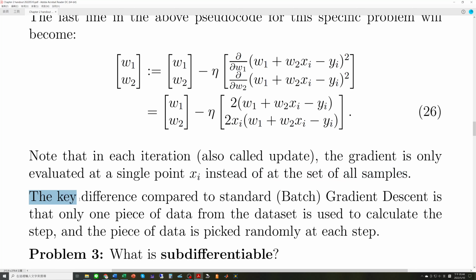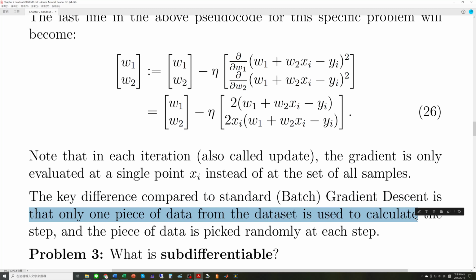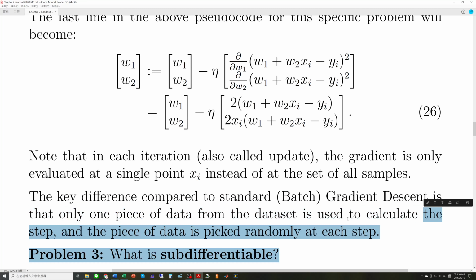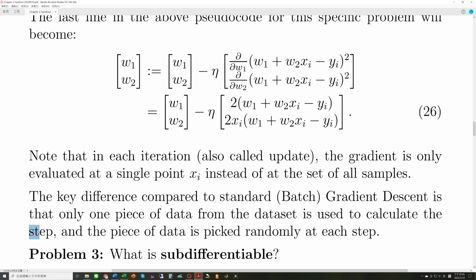The key difference compared to standard or batch gradient descent is that only one piece of data from the data set is used to calculate the step, and the piece of data is picked randomly at each step.